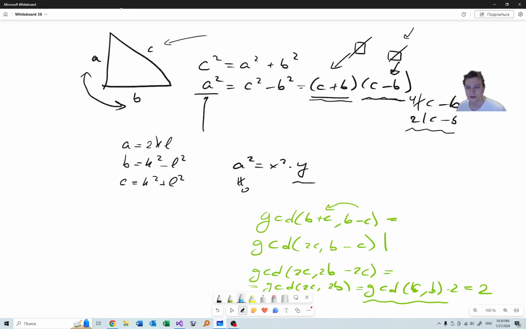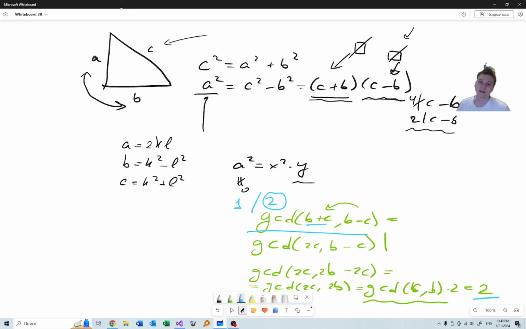So 2 is divisible by this number, so this number is either 1 or 2. We already know that both b and c are odd, so this GCD is 2.